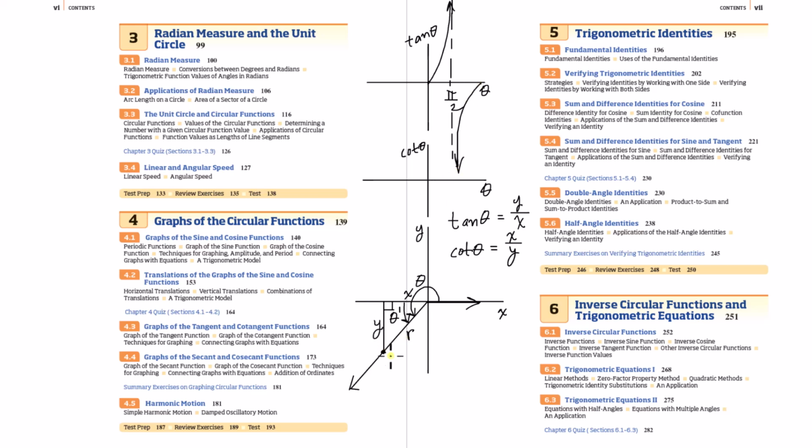Now, when you keep going past pi, the y and the x are negative, so the ratio is positive, which makes sense. We continue into the positive region until you're approaching theta equal to 3 pi over 2, where y is approaching negative r, and x is approaching 0 from the negative direction, so it's going to positive infinity.